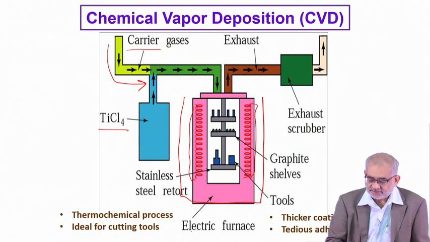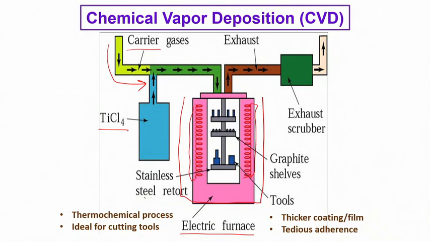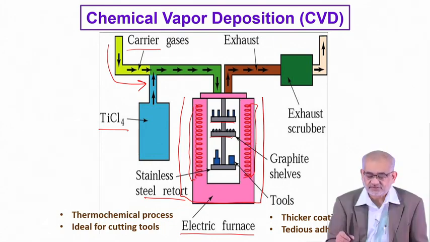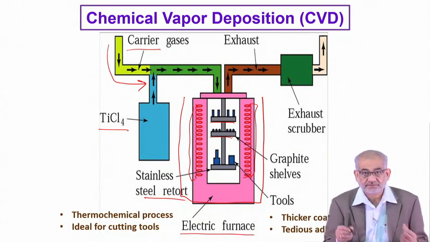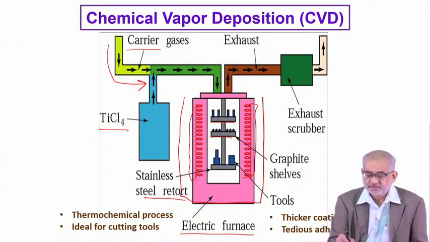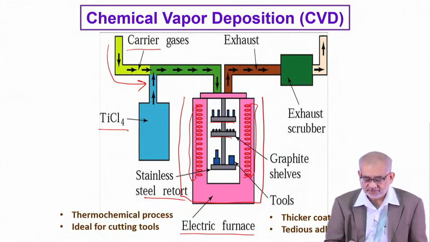So the essential components are the furnace, the enclosed chamber, the retort, and the stages on which the samples are mounted. It is a batch process, and you can feed in specimens of various sizes and dimensions. The deposit composition is fixed, but the substrates can be varied, maybe steel, maybe ceramic, maybe certain other non-ferrous metals.